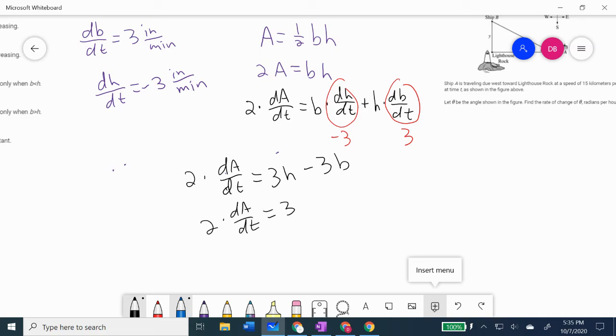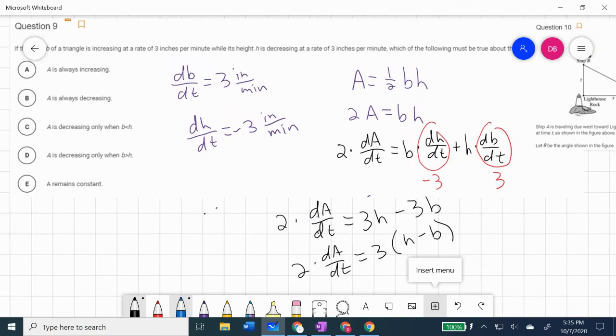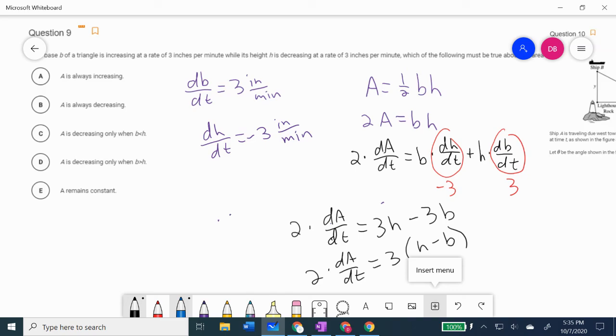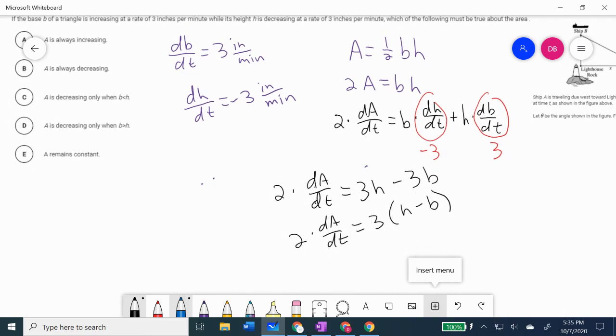And then the question was asking me about when is area always increasing? Is area always decreasing, or something certainly not remaining constant? So I need to look at who is causing the positive negative. H minus b is going to determine whether dA/dt is positive or negative.